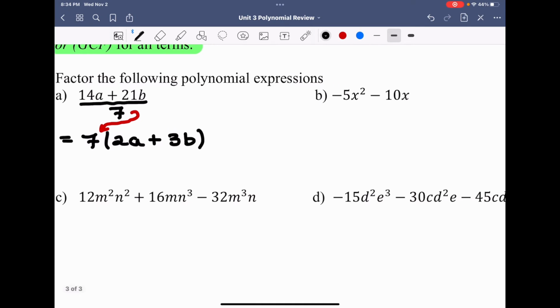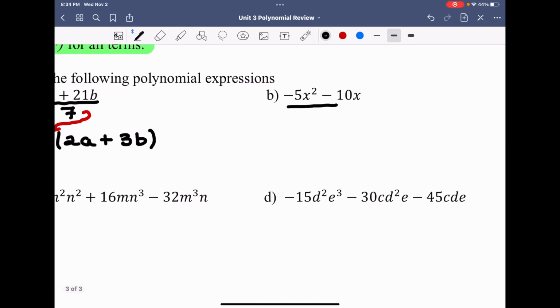Now let's do the same thing with part B here. I divide both terms. What do they both share in common? Well, I can divide both by a negative 5, and I can divide them both by at least 1x. So this is going to be equal to negative 5x. The GCF goes out front, and now negative 5 over negative 5 is positive 1. X squared over x1 by quotient rule is equal to x.